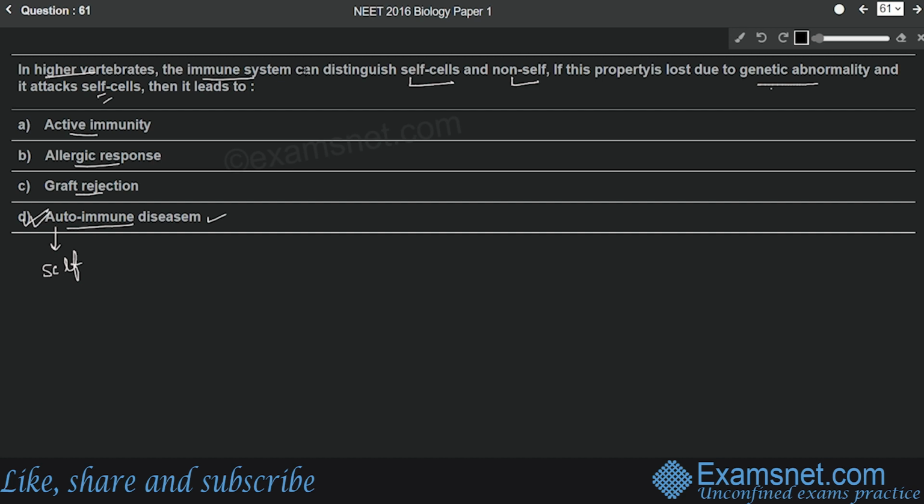What is active immunity? It is the direct response of the body or our immune system against any foreign particle, or we can say unknown pathogens.